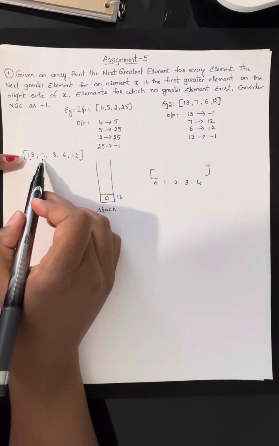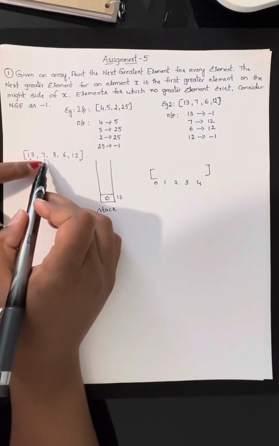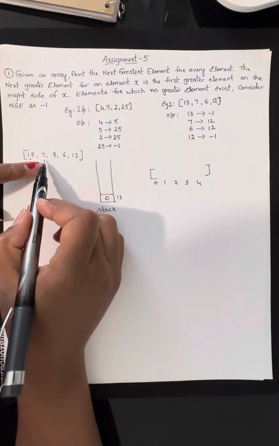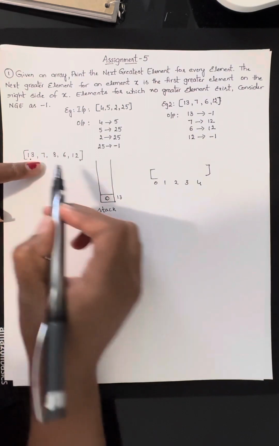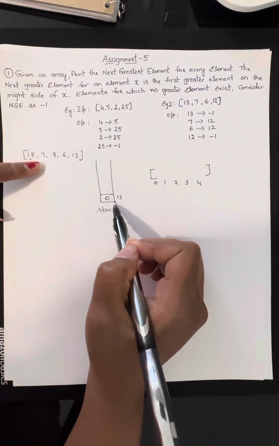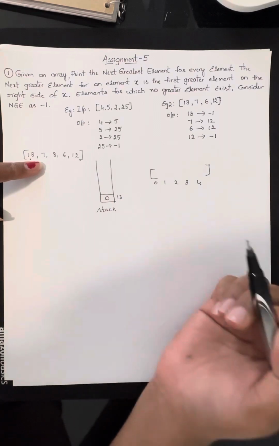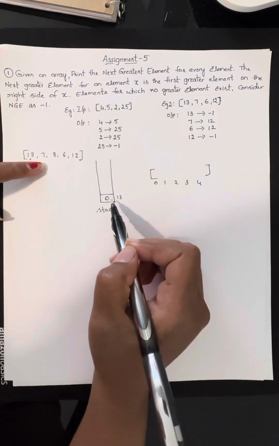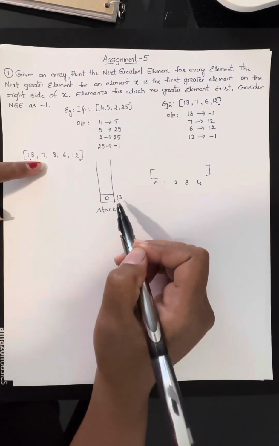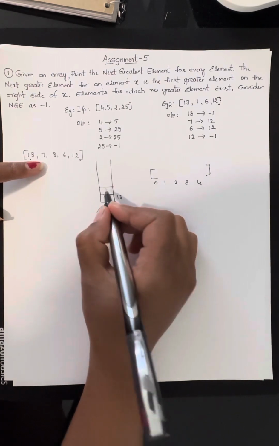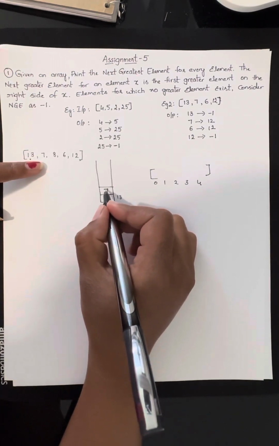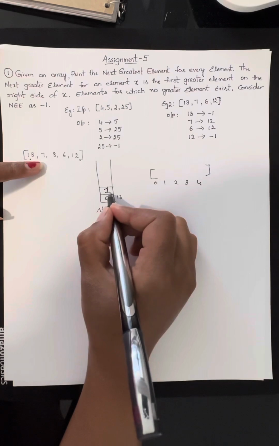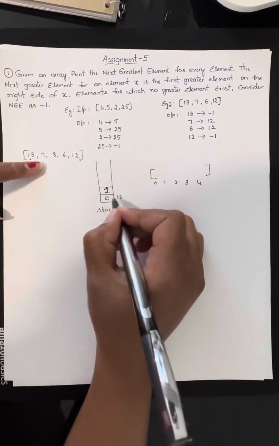Next we'll go to the second number, which is 7, and we'll check if 7 is greater than the last element in the stack, which is the top element in the stack. So 7 is not greater than 13. Then we just push the index of 7, which is 1, into the stack.